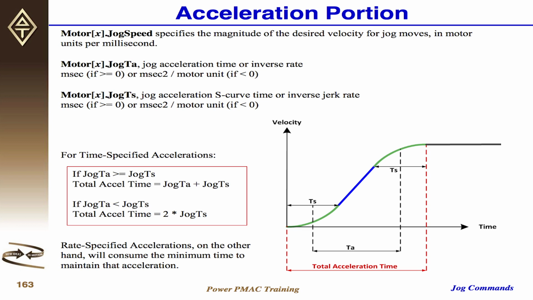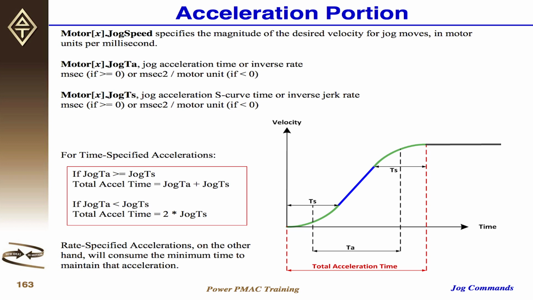But back to this again. If you have a system such that for whatever reason your TS is actually greater than your TA, so you're saying I want to increase my acceleration for longer than I want to hold that constant acceleration, then your entire move will be S-curve time. You won't have any constant acceleration here. You'll just be curving up like this, and then you'll immediately begin curving down.